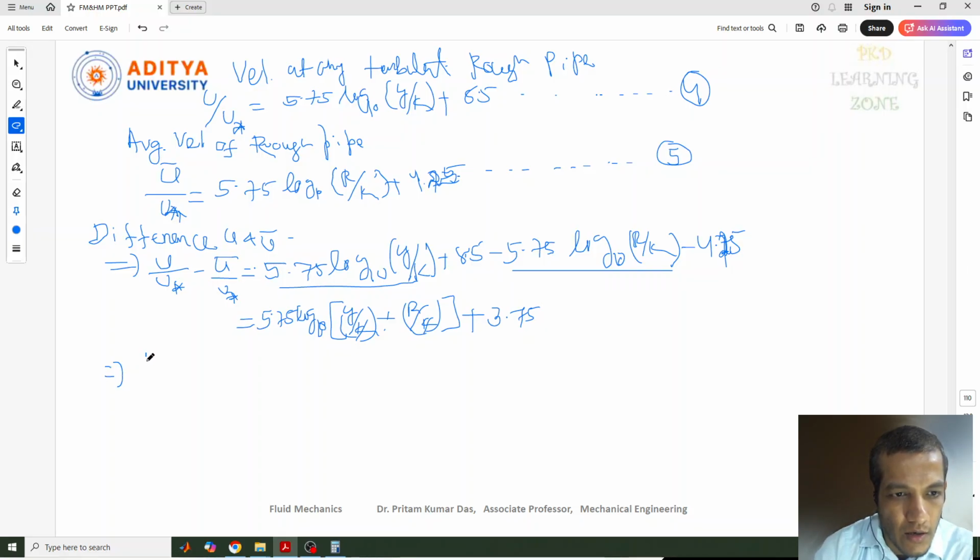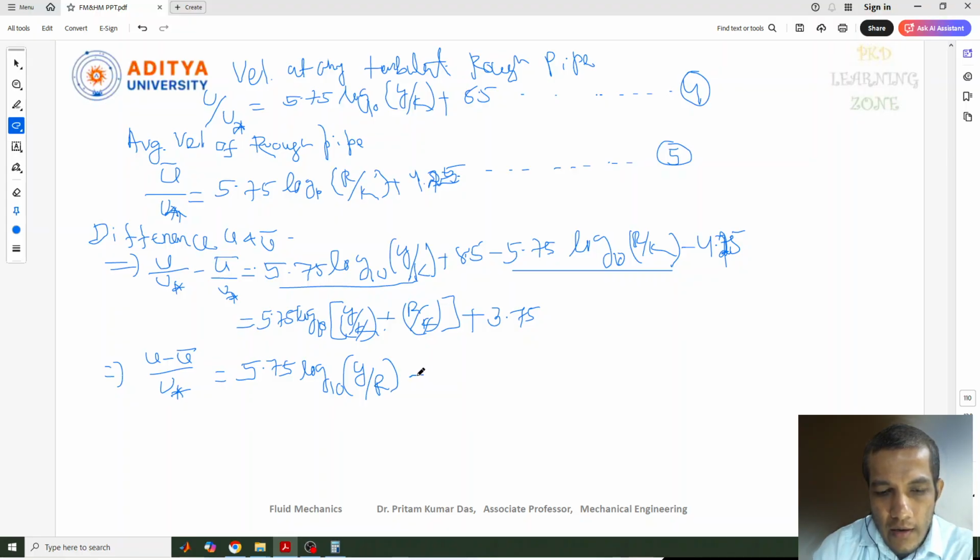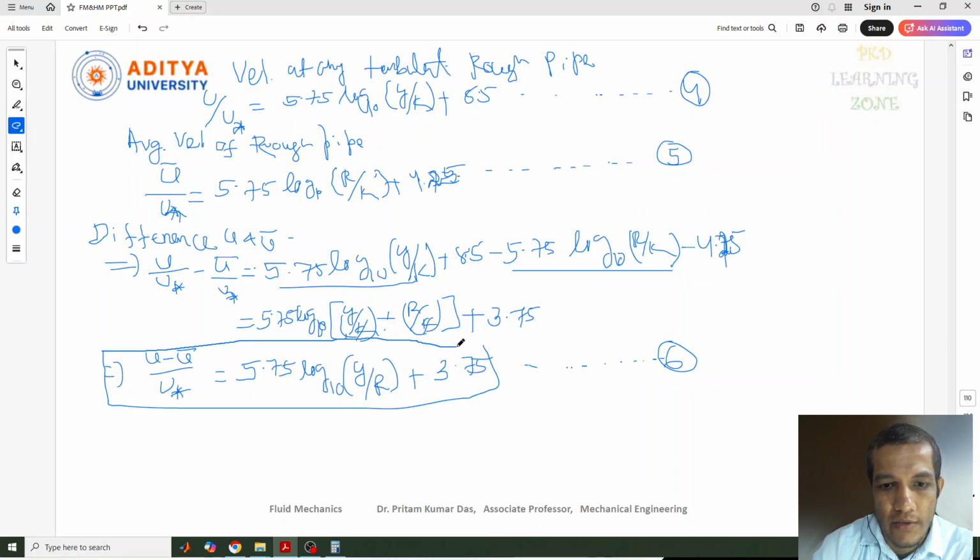Finally, let me write here: U minus U bar divided by u star equal to 5.75 log 10 bracket start y by r plus 3.75, and this is our final equation for the difference of the velocity at one point and the average velocity for the rough pipes. This is the final equation.